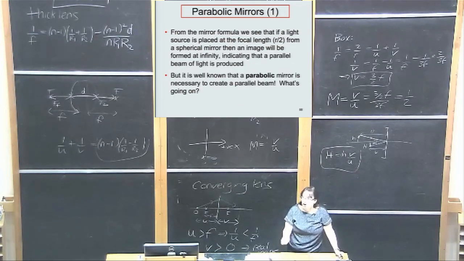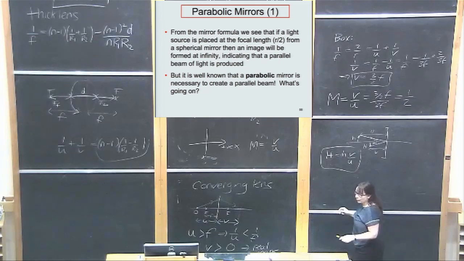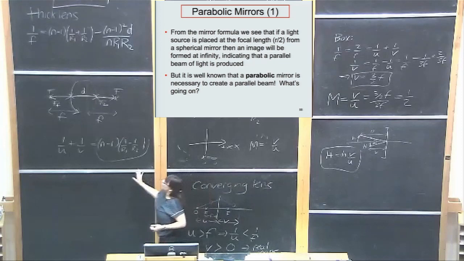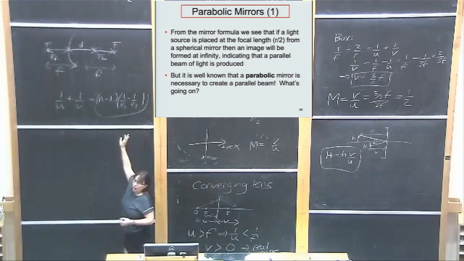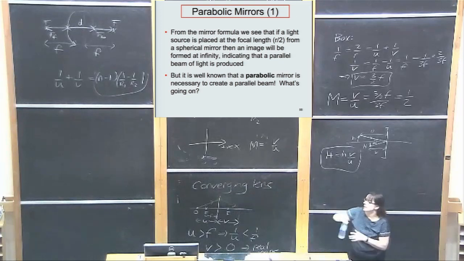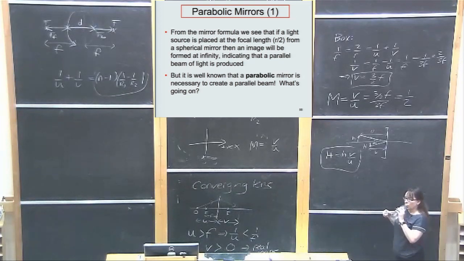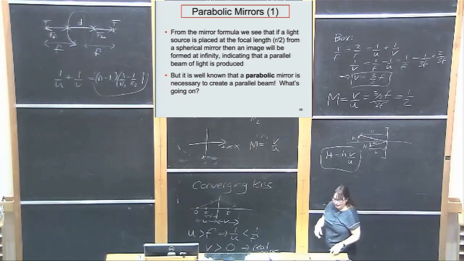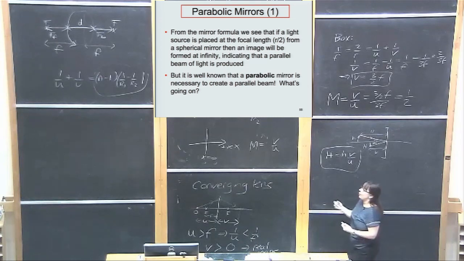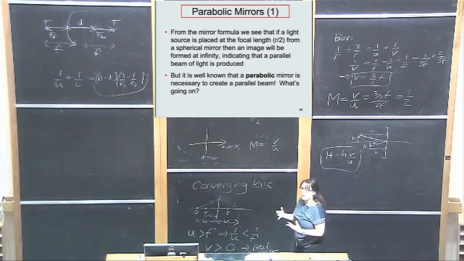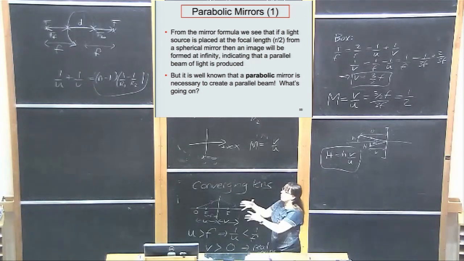Right, so I think I've got time to just at least do the start of this next bit, probably not to finish it. But I mentioned that I was going to talk briefly about another kind of mirror, other than the spherical mirror. Mostly we're working in the spherical mirror approximation. But if you know anything about parabolic mirrors at all, you'll know that actually it's a parabolic mirror you need to form a parallel beam of light.